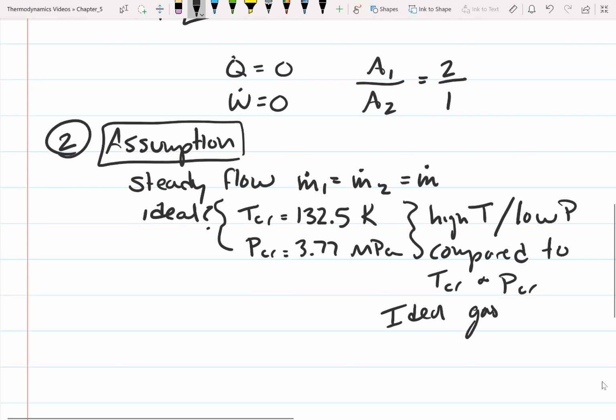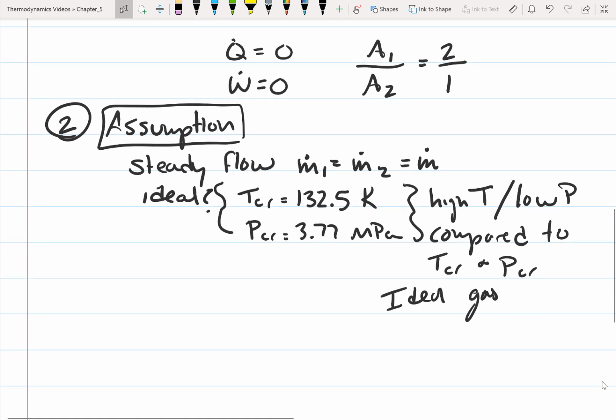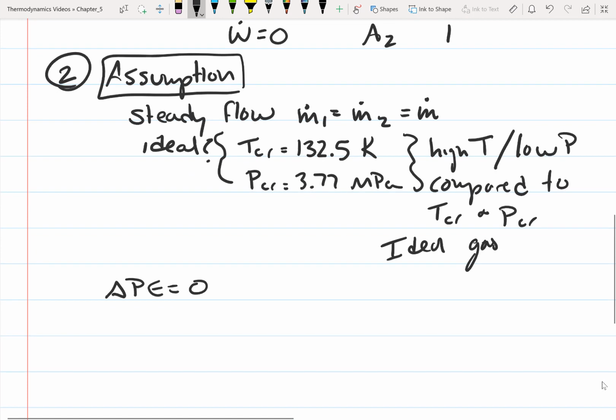The other thing is, it doesn't say anything about a large elevation change in our system. This is a nozzle. It probably doesn't have a large elevation change. So we're going to assume that the change in potential energy is 0. Anytime you don't have a large elevation change in your system, and by large I mean several meters, and probably more than that, you can assume that the change in potential energy is 0.